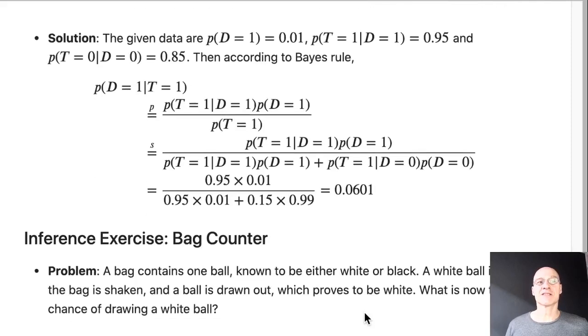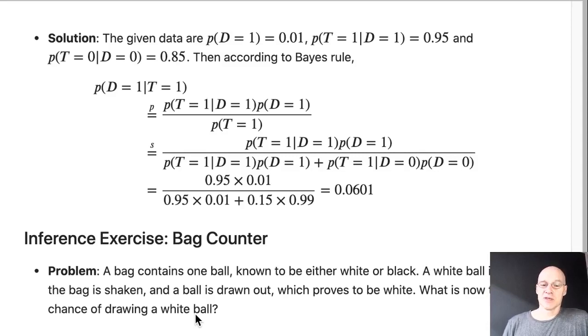Here's an interesting exercise. A bag contains one ball. It's known to be either white or black. Now I put in a white ball and I shake the bag, and I draw out a ball and it's white. So the question is, what is now the chance of drawing a white ball?